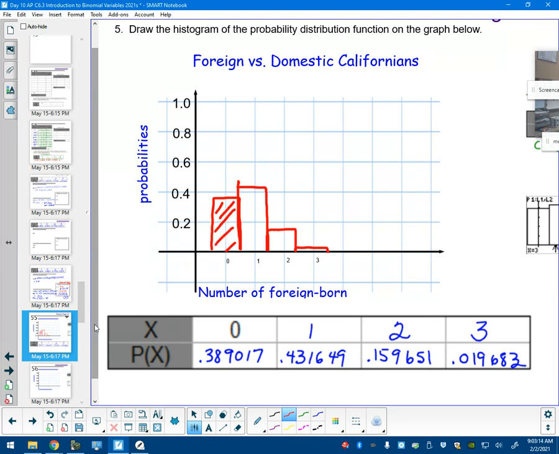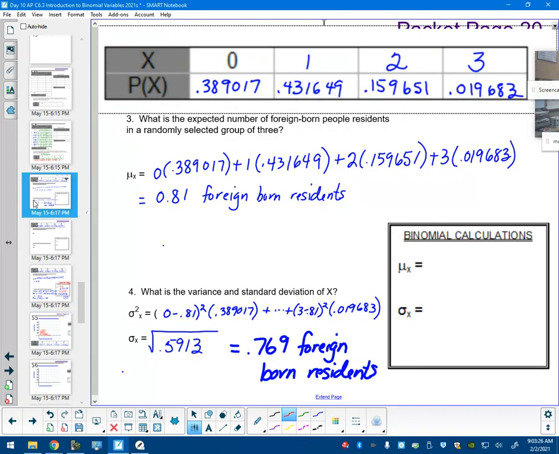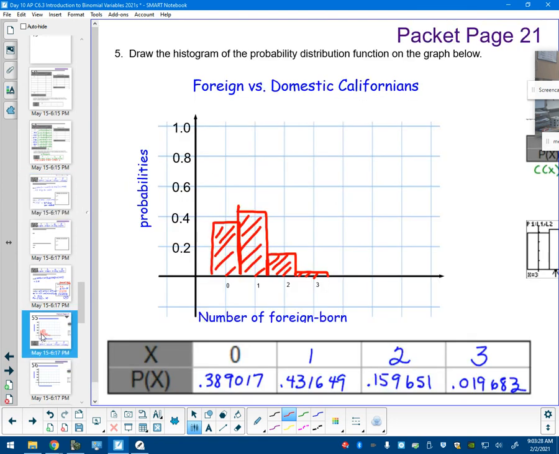And this is what my binomial distribution will look like. It is very right skewed. But if we take a look at what we calculated, 0.81, does this look like it might balance at 0.81? Yeah.